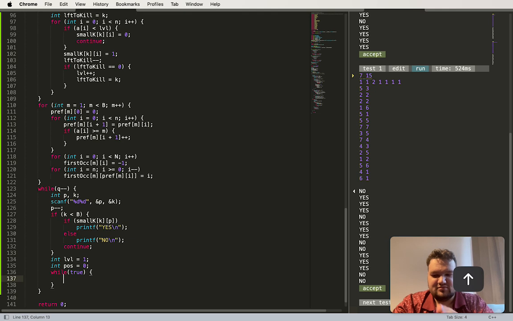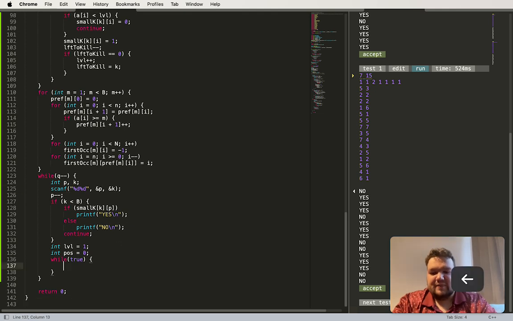And we will try to find the next position where we have a level up, and so on, until we reach this position, and at that point we will know our level and we will compare the level of the monster on position P and our level and say whether we will fight it or not.